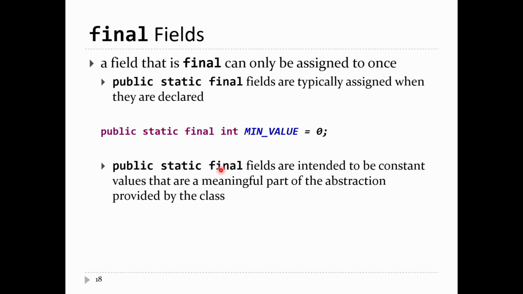So if you ever see a public static final field, the class creator is trying to tell you this is a constant value. It's meaningful to this class. So min value is meaningful for dominoes. It's the minimum value for any domino, for any face of a domino.